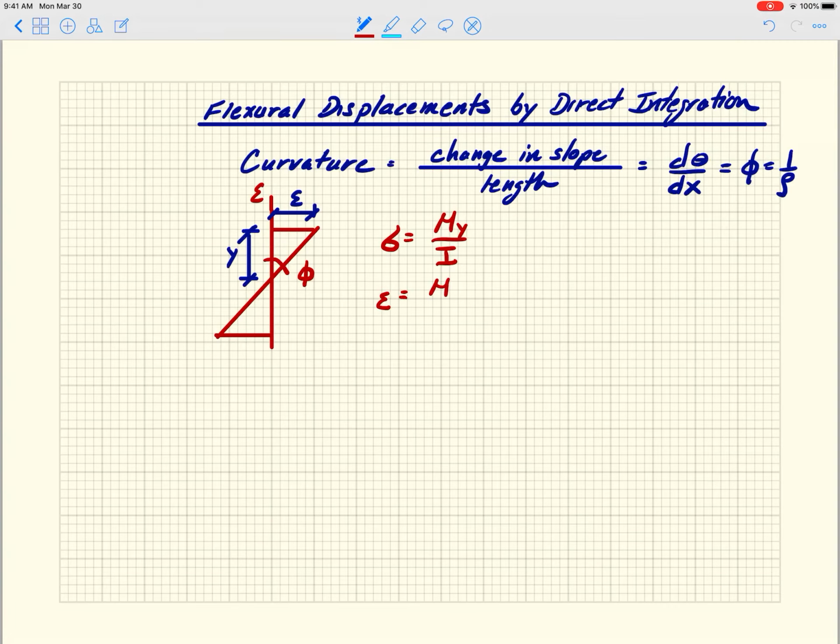And that means that the strain is just My over EI, right? And it means that the slope of this, which is just the strain over y, so I'm going to bring the y term to the left side of the equation, and what I'm left with on the right side is M over EI, and that is equal to curvature, right?